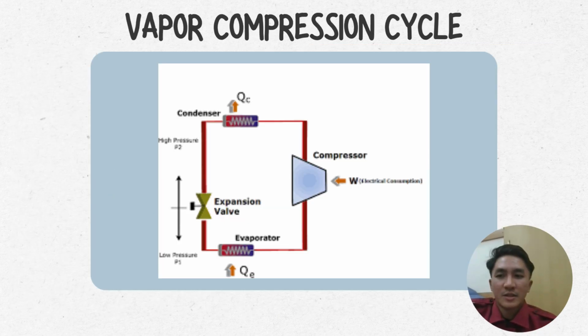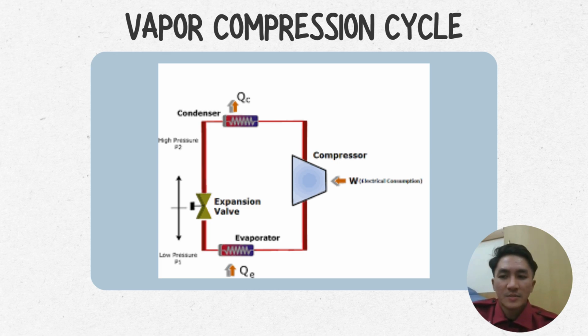The refrigeration cycle includes four stages. First, compression. The refrigerant vapor is compressed, increasing its pressure and temperature. Second, condensation. The refrigerant then releases heat to the surroundings and turns into a high pressure liquid.